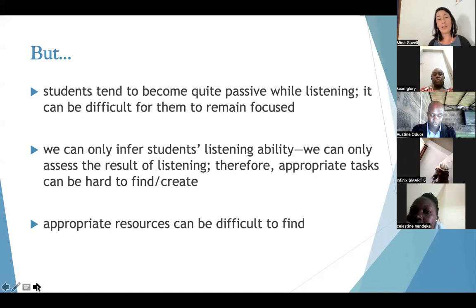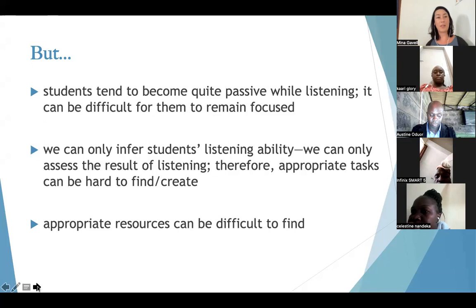Something else that's tricky is that listening is a receptive skill. It's not something that we can see or hear, unlike speaking or writing. And so we have to infer listening. All of the ways that we have for assessment are a way for us to determine if they understood or not.